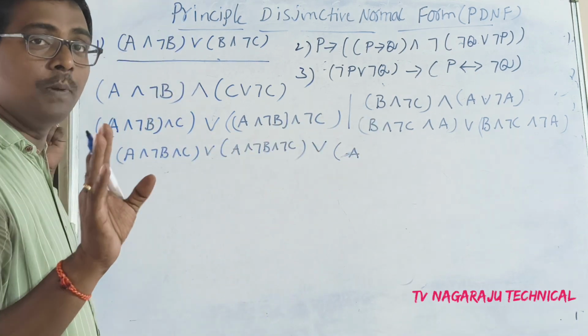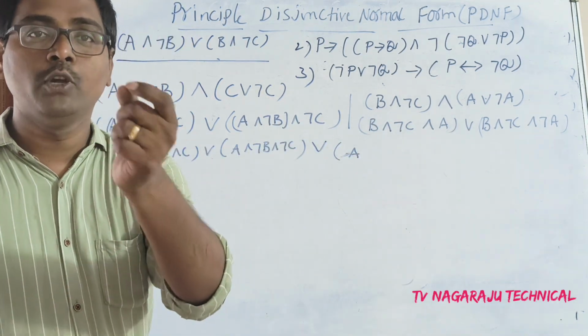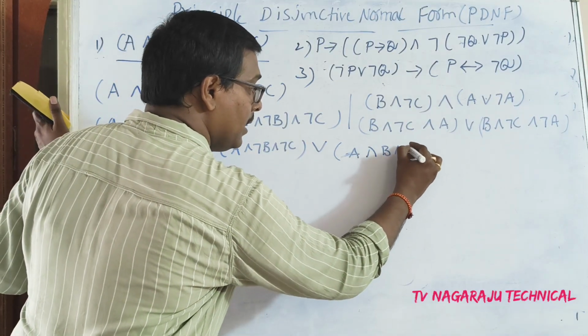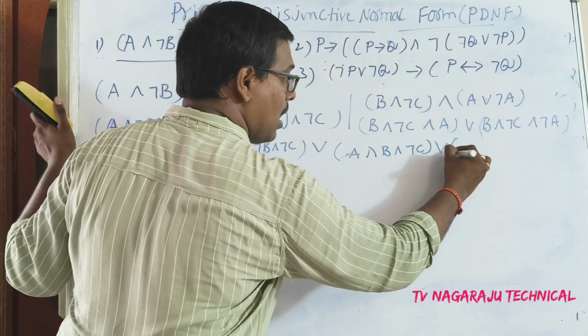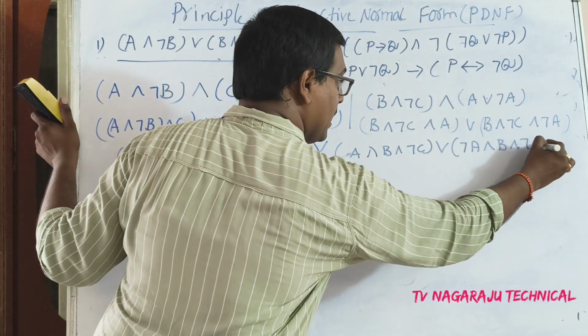Order is changed, no problem. Why? These conjunctions and disjunctions follow the commutative law. So A and B and negation C, or negation A and B and negation C.